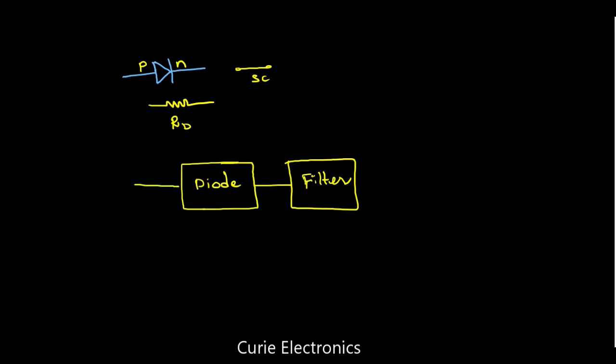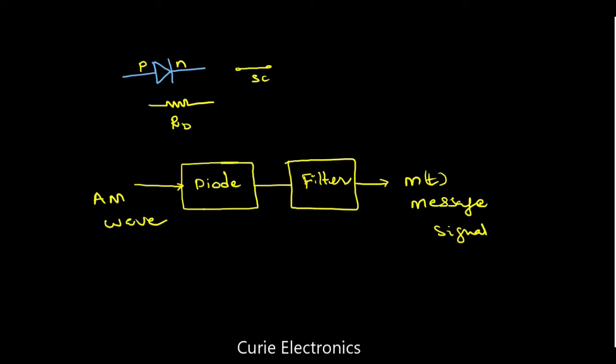What is the input? The AM wave is the input to the envelope detector. What is the output? The output is the message signal, m(t).